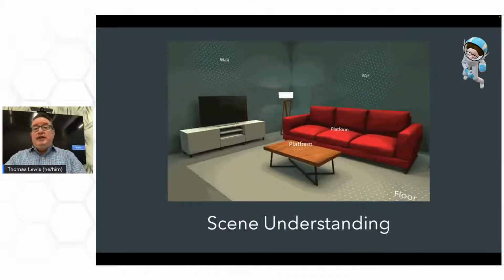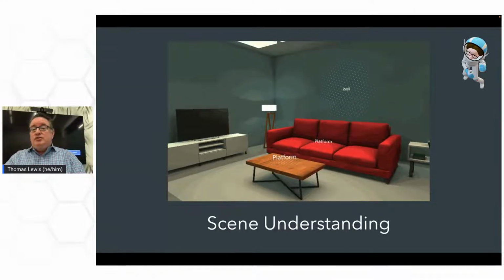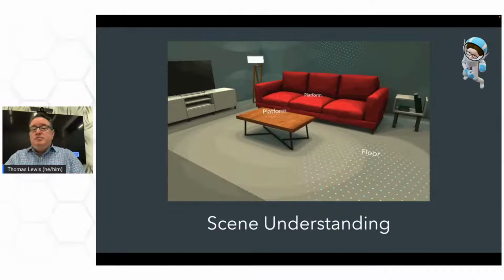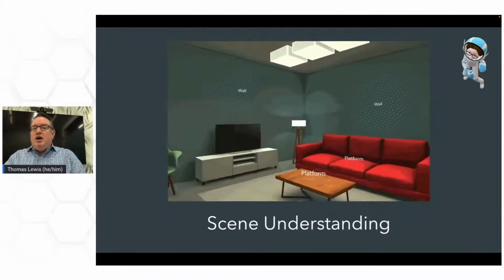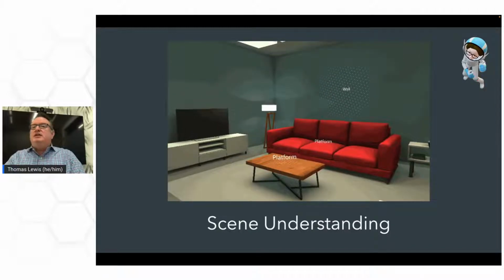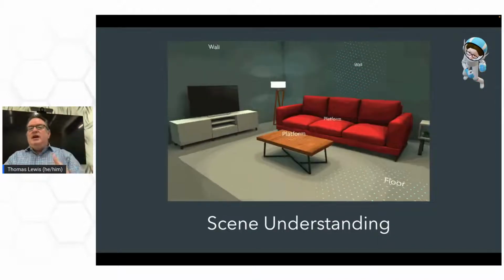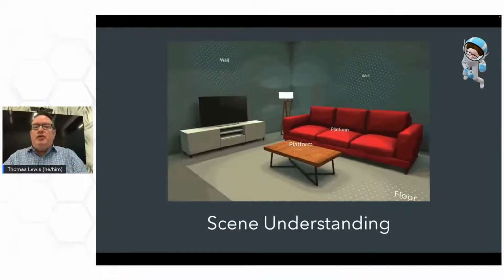So you can actually have, for example, a person sitting on the couch because the system knows that it's a platform, and so it has some assumptions that it can make. Also, if you have no gravity within the scene, the ceiling most likely will keep you from going through it because you will have an understanding of what a ceiling will be.